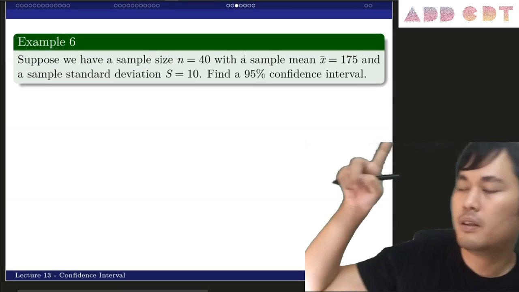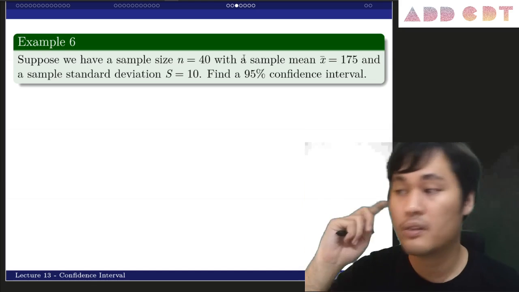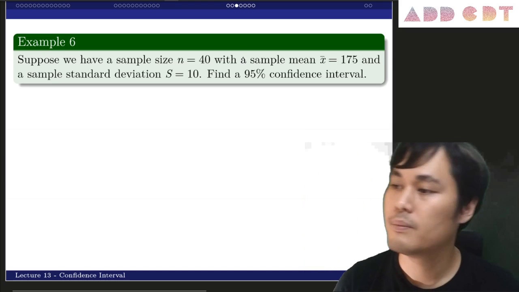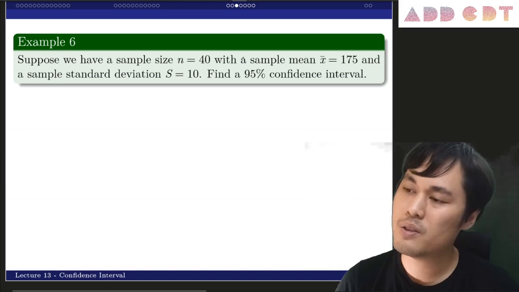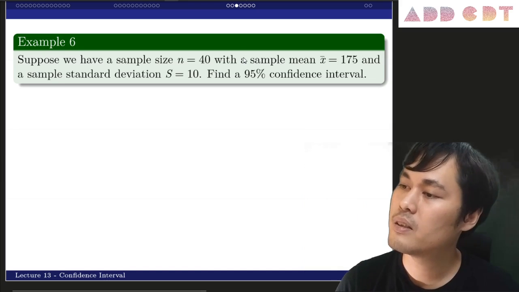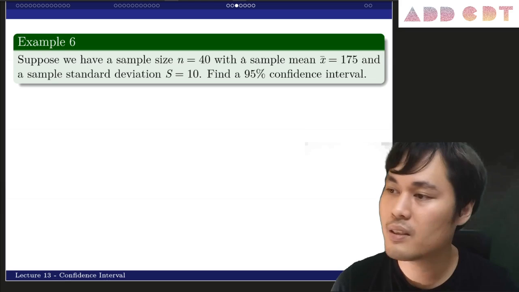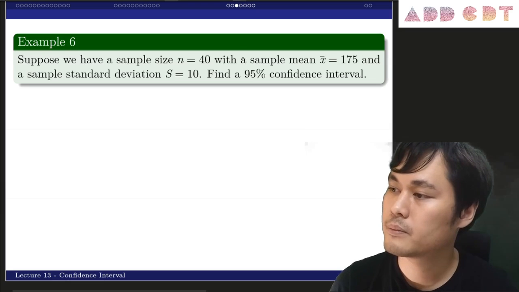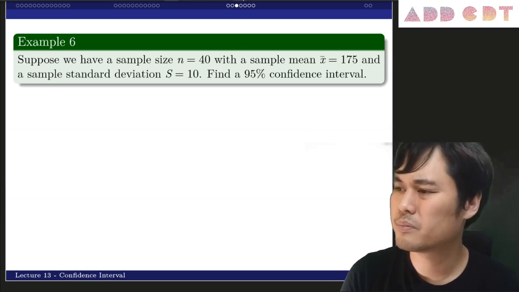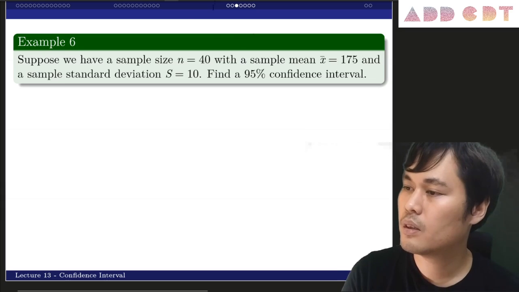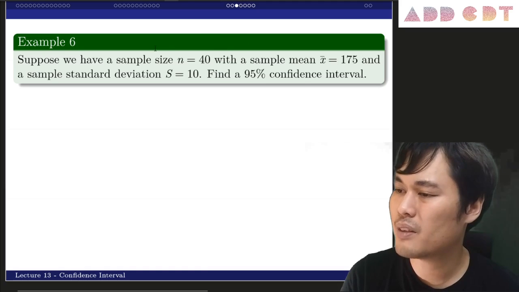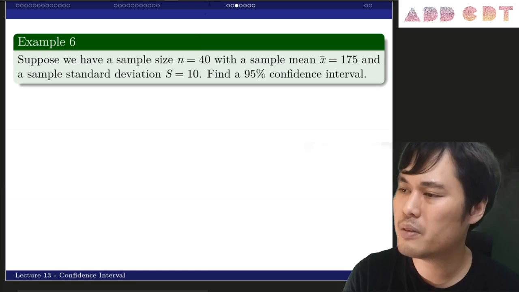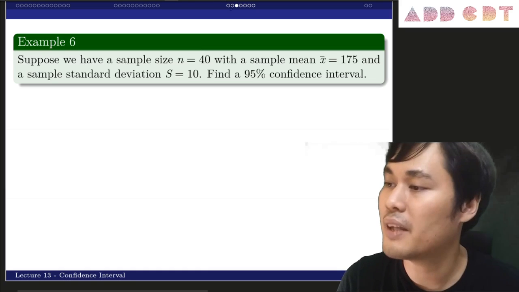So the type of question is going to have the same format. In a textbook, you're going to see a paragraph with all these variables replaced by a story.